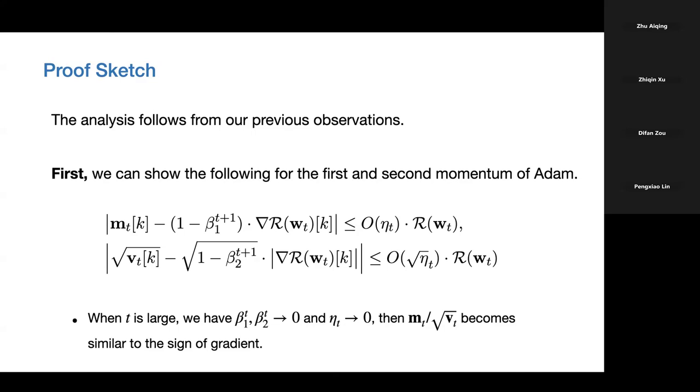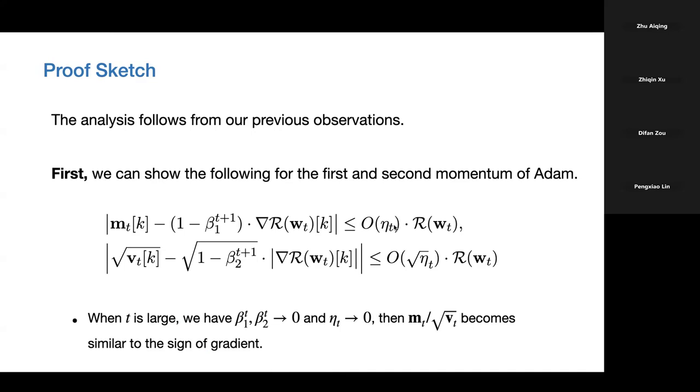So the first thing is that we can show that the first order momentum will finally converge to the gradient, and the difference is upper bounded by some big O of eta_t. This means that if in the final phase the learning rate is small, then the difference is also small.